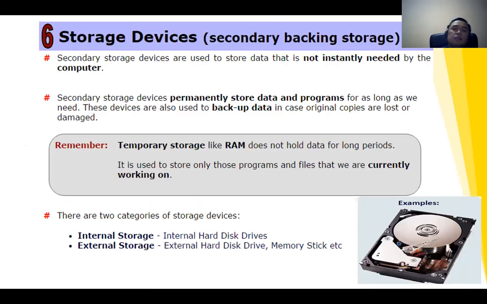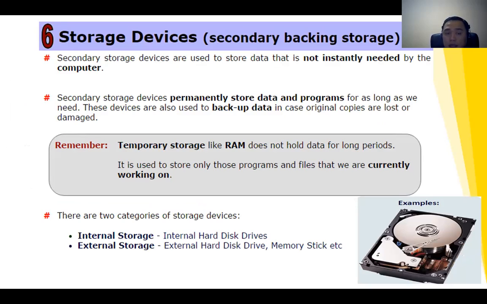Storage devices, secondary backing storage. Secondary storage devices are used to store data that is not instantly needed by the computer. They permanently store data and programs for as long as we need.